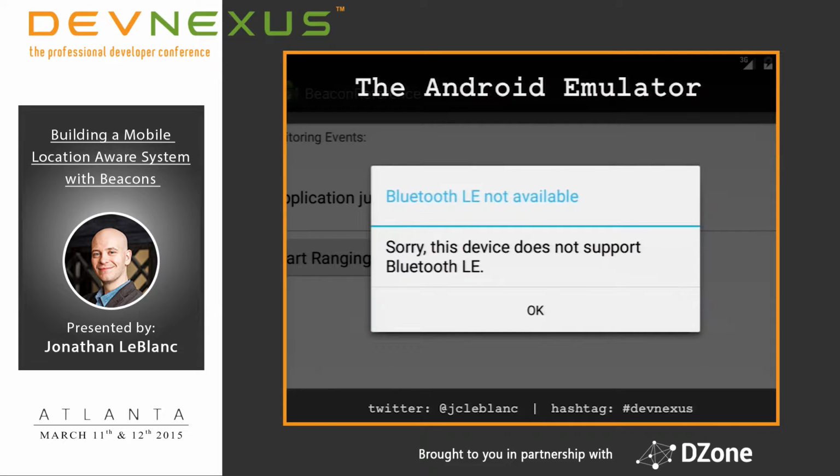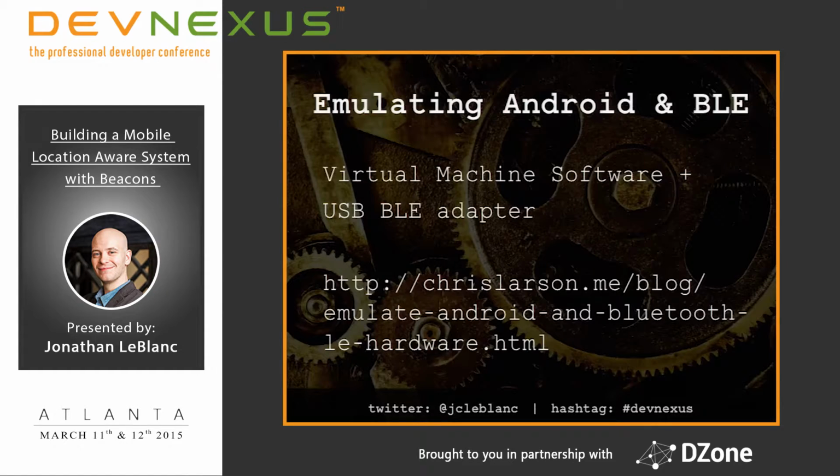So you have two options. I tend to run all of my samples off of physical devices, so I have a Nexus 4 and a Nexus 6. As long as the device is BLE enabled, you can use that to test all your applications. Or you can get the emulator working and take the more streamlined approach, which is emulating BLE on the emulator itself.